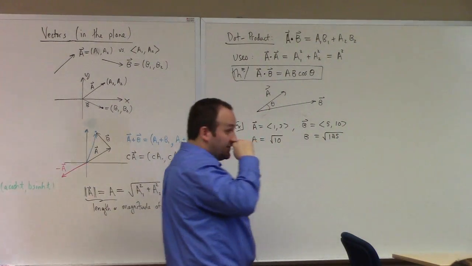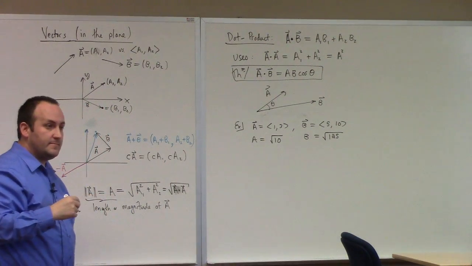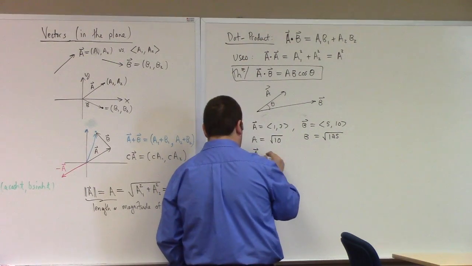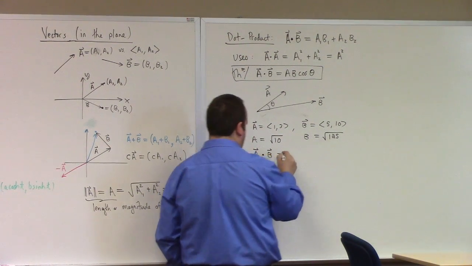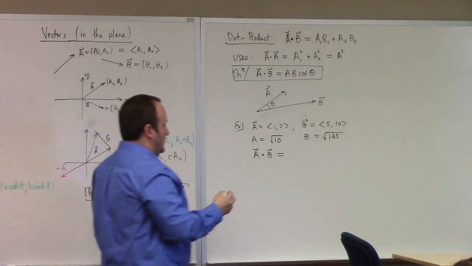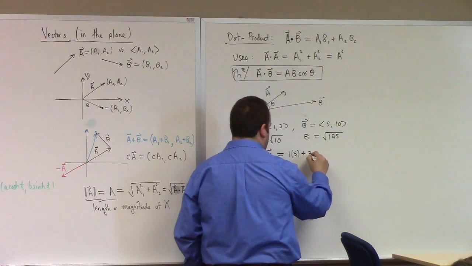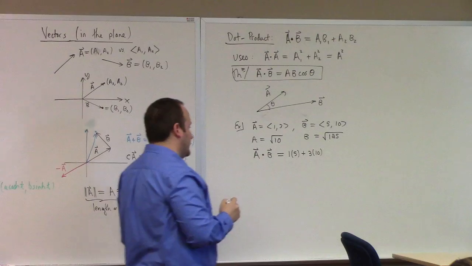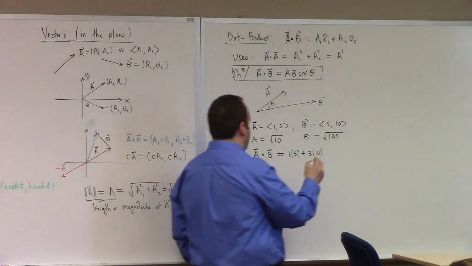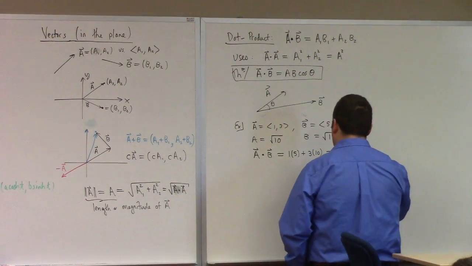Because 25 plus 100 is 125, and 1 plus 9 is 10, right? What's A dot B here? One times 5, right? Plus 3 times 10. What is that? 35, right?